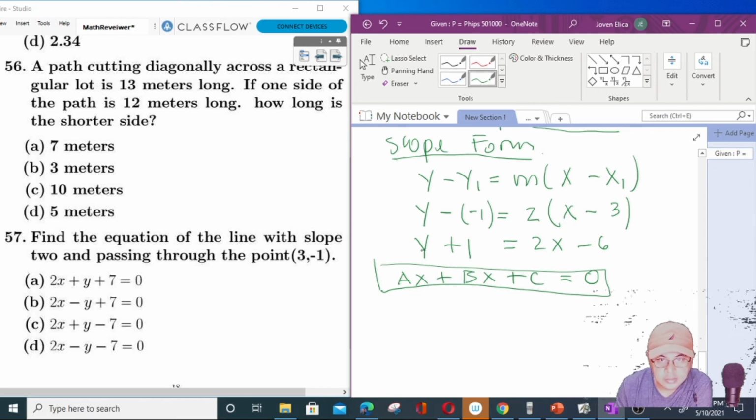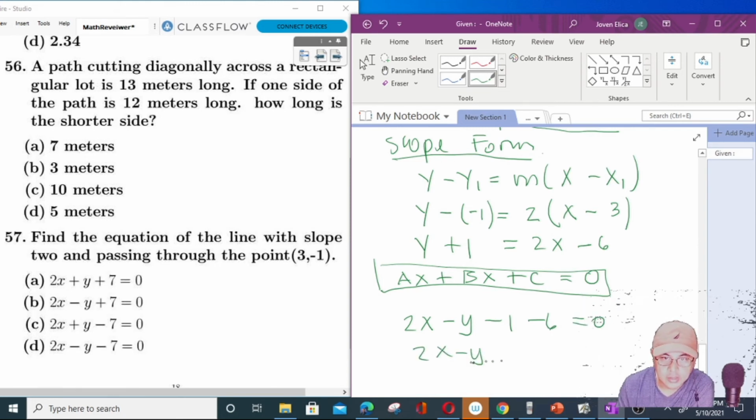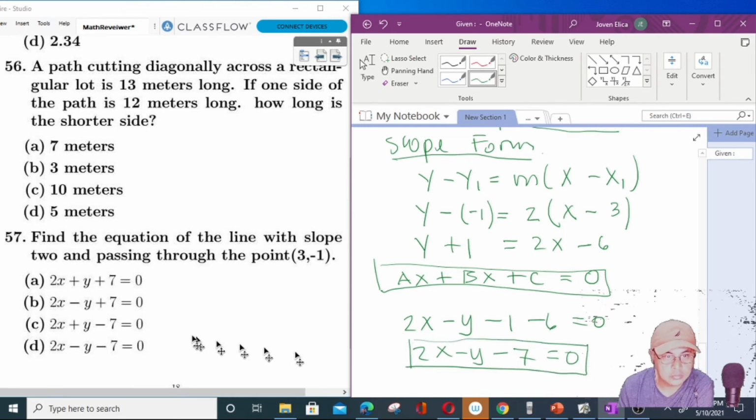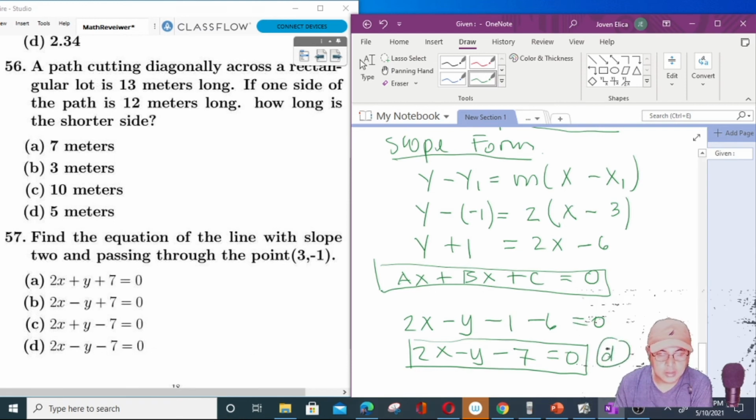Let us transpose this to the right, so it becomes 2x minus y minus 1 minus 6 is equal to 0. So 2x minus y minus 7 is equal to 0. So therefore the answer in standard form is 2x minus y minus 7 equals 0, letter D. The answer is letter D.